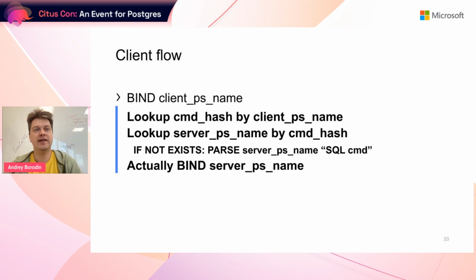And if the server doesn't know this prepared statement, we inject, re-inject a parse message with preparation of this prepared statement under a newly generated server name. And then we actually bind this prepared statement to client parameters. This is how it works. I hope it will be useful for someone.